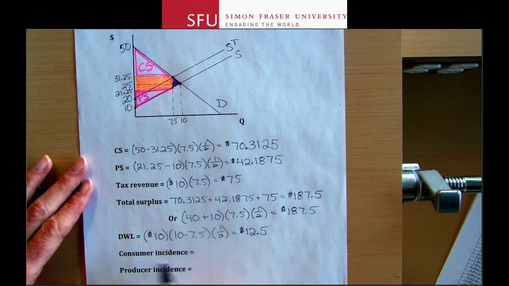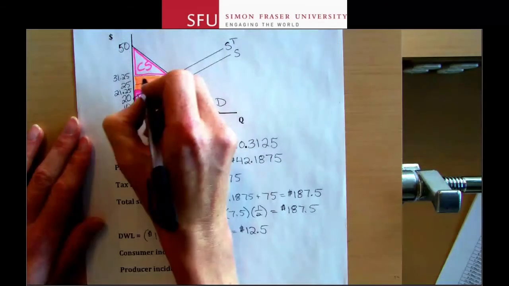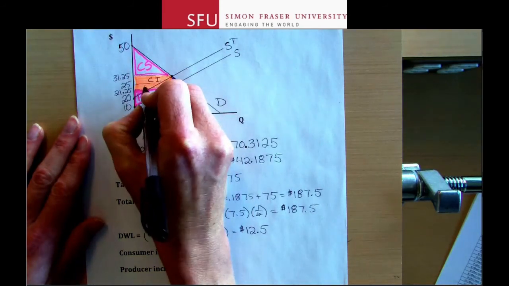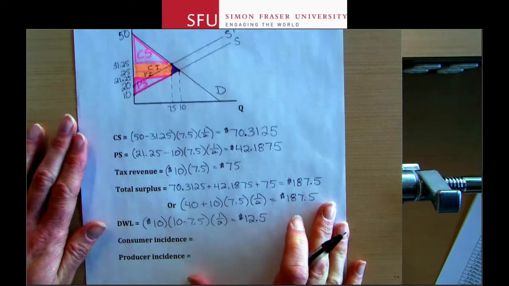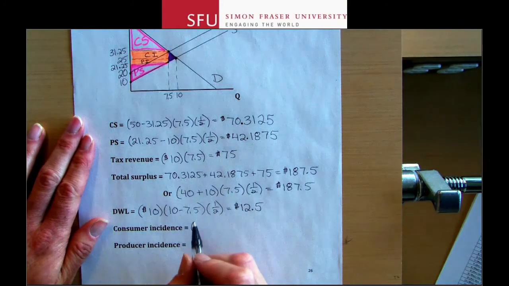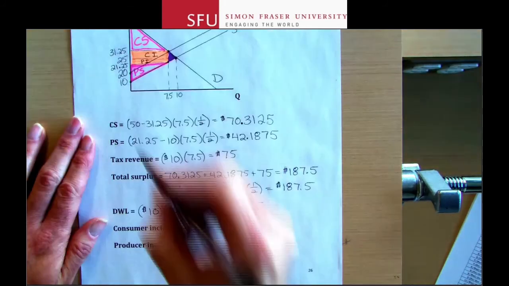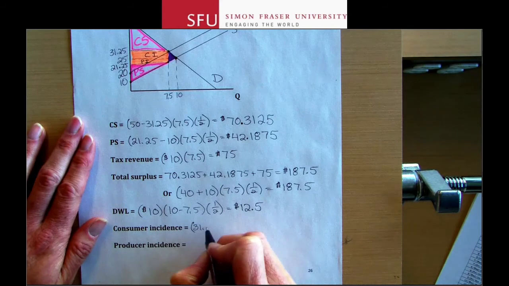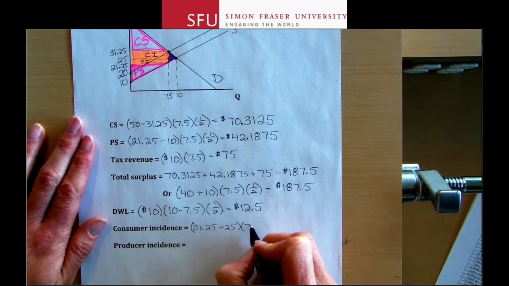And then last thing, consumer incidence and producer incidence, and that's where we're dividing up the tax revenue. So the top rectangle is the consumer incidence, so I'll just put CI, and then the bottom one is the producer incidence, I'll put PI. Okay. So for the consumer incidence, the height of the rectangle is 31.25 minus 25, the original price before the tax, and then times the QT.